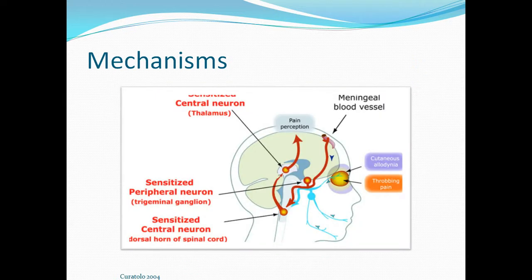Michelle Curatolo in 2004 provides an explanation of the thought behind the process underlying the mechanism of pain development in patients with chronic whiplash-associated disorders. It is thought that after acute injuries, peripheral sensitization can occur due to the increased nociceptive input from the region of the local injury.